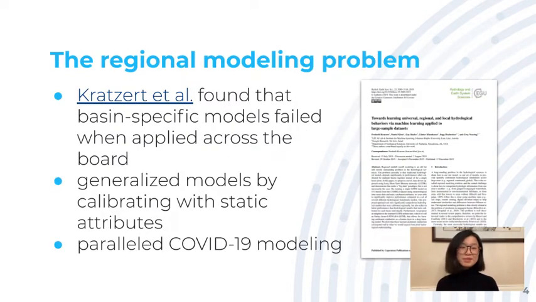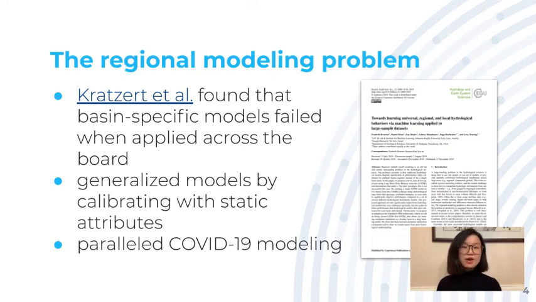So the regional modeling problem was coined by Kratzer et al. in Australia, and they found that their basin-specific hydrological models failed when they were applied across the board. These models have been developed for decades and also for very specific regions, so when they were tested on a different geographical region, they performed really terribly.